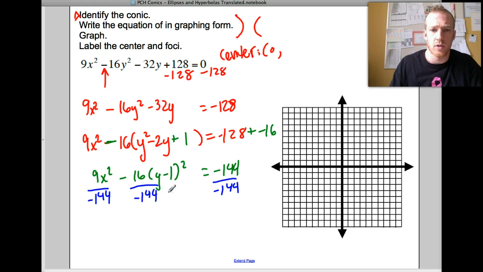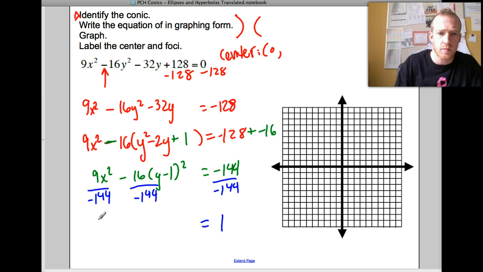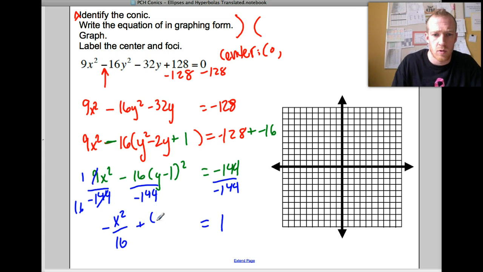Alright, so that reduces to a 1. Now this is actually my negative term, and this reduces to a 1 over 16. So we got a negative x squared over 16, and the negative over negative is positive, y minus 1 squared, 16 over 144 reduces to a 1 over 9.